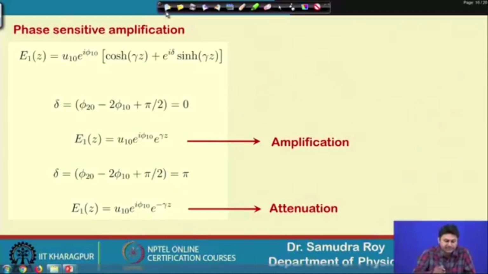So, we find one interesting thing here: the subharmonic can be generated and amplified if there is a specific phase relationship between E2 and E1, and this specific phase relationship allows the subharmonic to be generated. So, this is a phase-sensitive kind of amplification. On the other hand, if the phase is such that it makes these things decay exponentially, then we will not get any subharmonics.